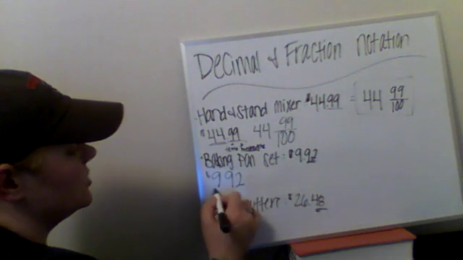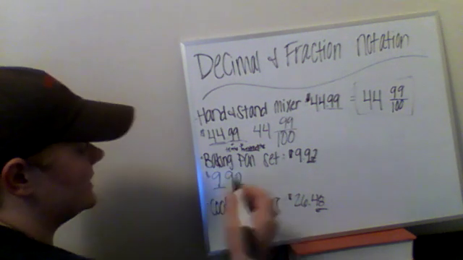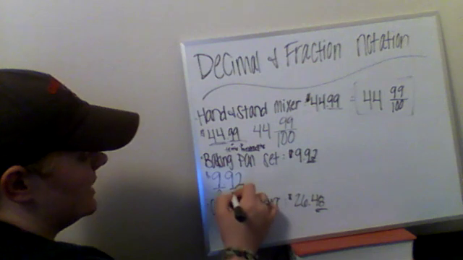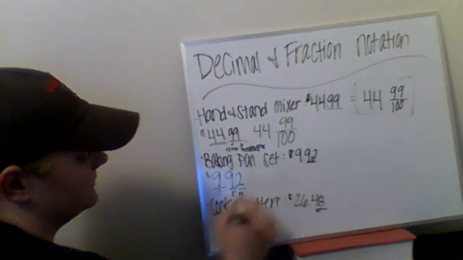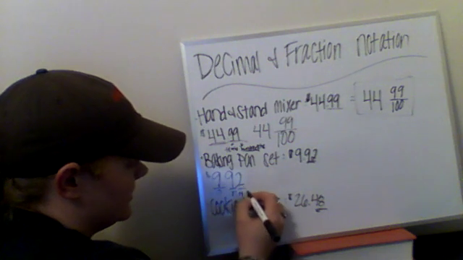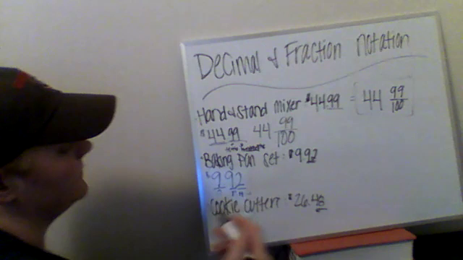I'm going to just use the first letter of each so it makes it easier. The 9 is in the ones, this 9 is in the tenths, and this 9 is in the hundredths. I'm going to put the "ths" at the end of these so I know they are being divided by a base of 10.